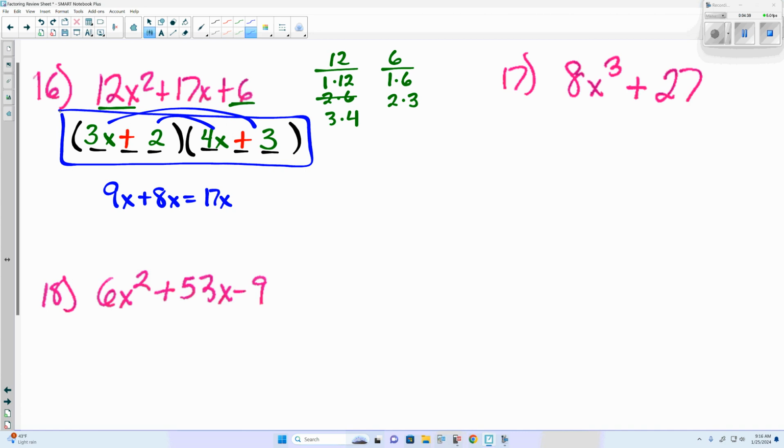Now, if you go through these and keep seeing a greatest common factor show up again and again, take a look back at the top. Because there's a chance that no matter how I set this up, I always get a greatest common factor. Look back up here, because whatever that factor that keeps showing up, be it 2, 3, look back at the top. It might be there.